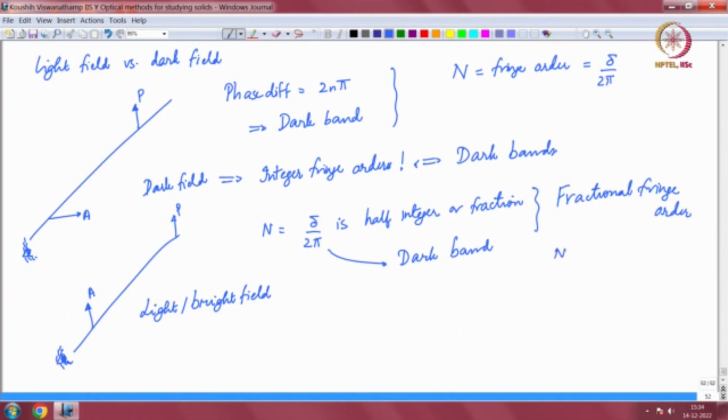So, you will get n equal to half, 3 by 2, 5 by 2 etc., and here you have n equal to 0, 1, 2 and so on. Please keep this in mind because it will be handy when we discuss this idea of compensator a little later on.